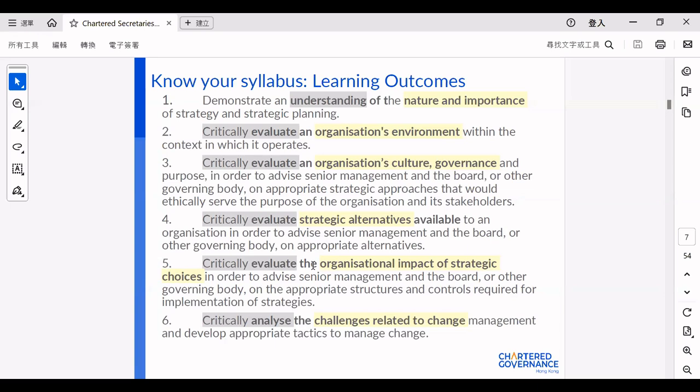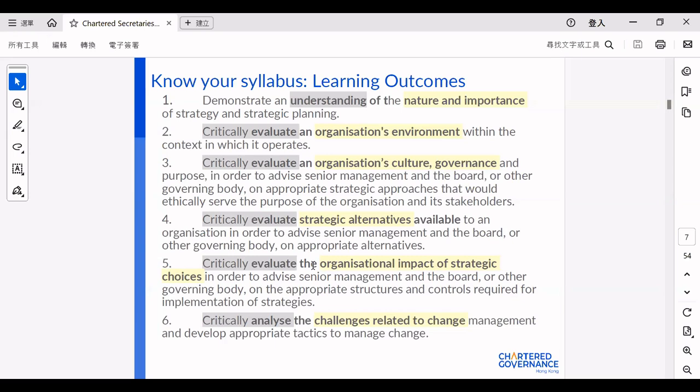To a certain extent, it is difficult for some candidates because for all these 6 learning outcomes, except for the first one, there's a word which says critically. That is to say, it demands something more than book work, something more than memory of things from the study guide.